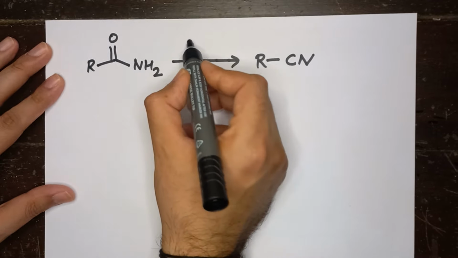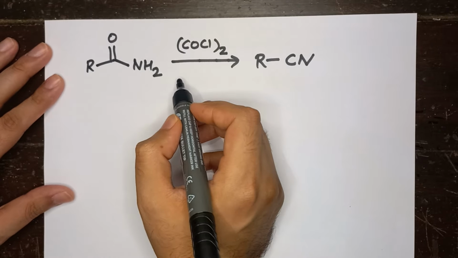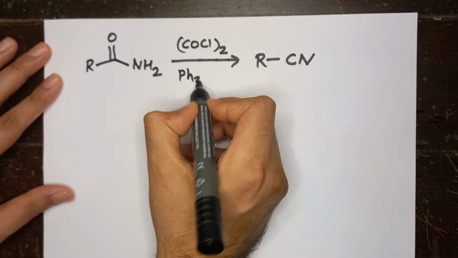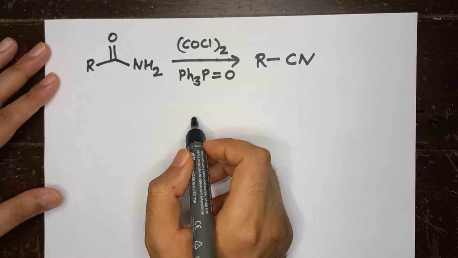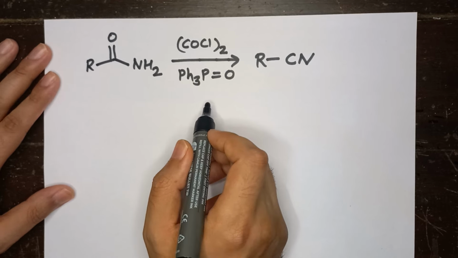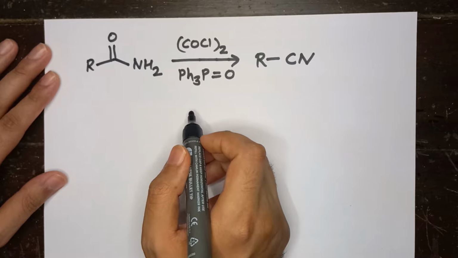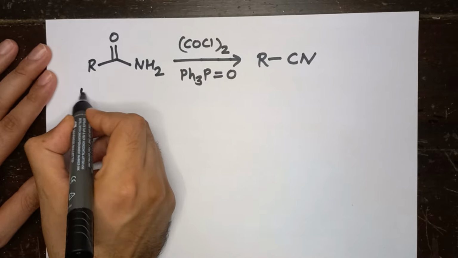You can add oxalyl chloride with triphenylphosphine oxide. Make sure you try the reaction mechanism. So let's do it. So we have oxalyl chloride.